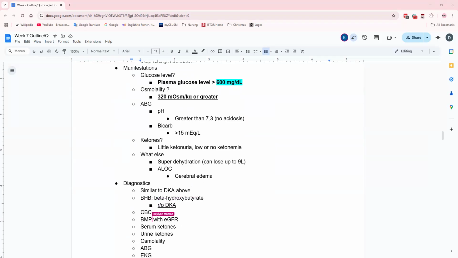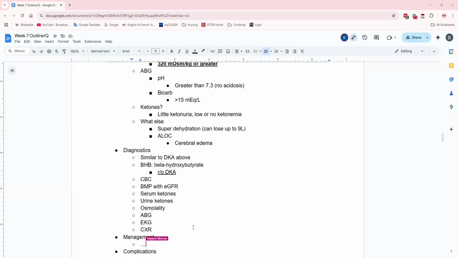CBC and BMP make sure your electrolytes are stable. Serum and urine ketones also rule out DKA. Osmolality will be really concentrated. ABG will look relatively normal. EKG looks for electrolyte imbalances and cardiac instability, and a chest x-ray, because they like to throw it in.